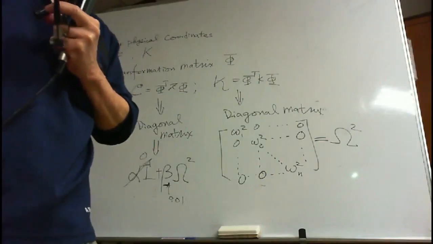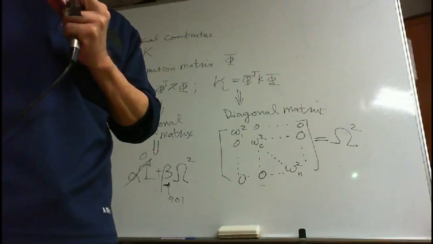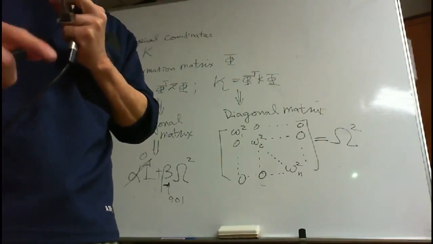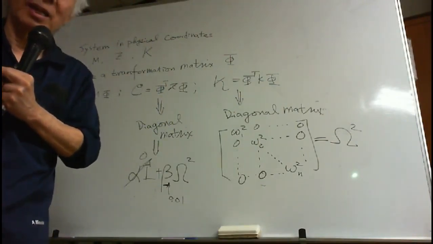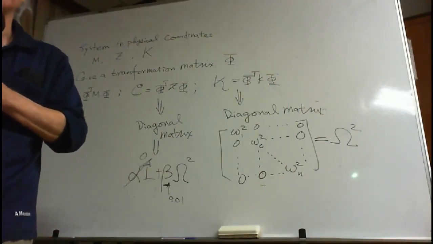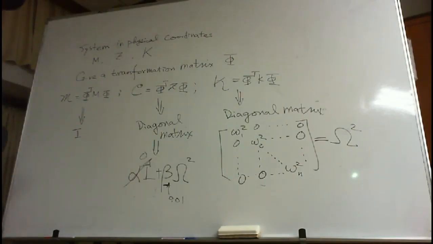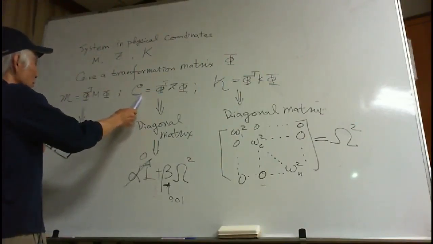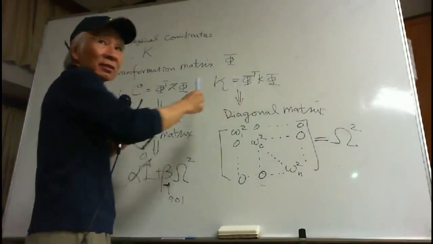By experience, 1% or 0.5% damping is what we observe from real laboratory testing and so on. So alpha is a constant for the mass matrix. In other words, the damping is proportional to the mass matrix plus proportional to the K matrix. That's what it means.